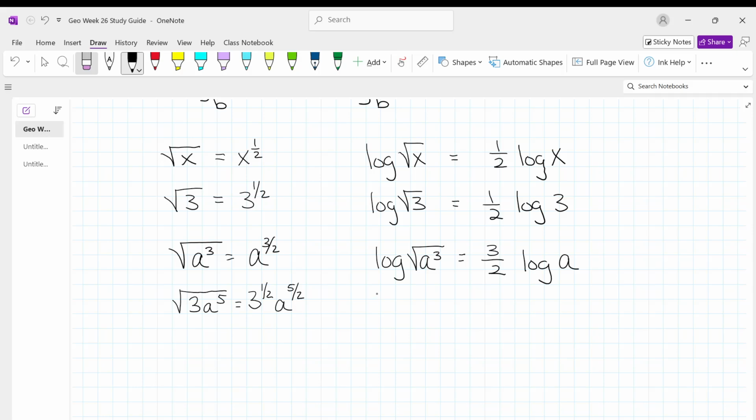So if you see it as log square root 3a to the fifth in expanded form, it's 1/2 log 3. And since there's multiplication going on in expanded form, it's plus 5/2 log a.